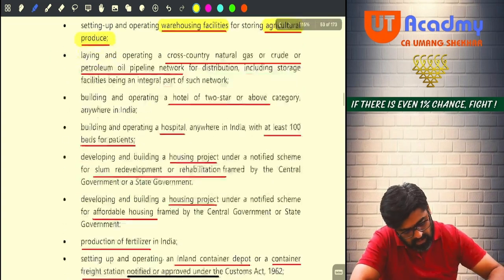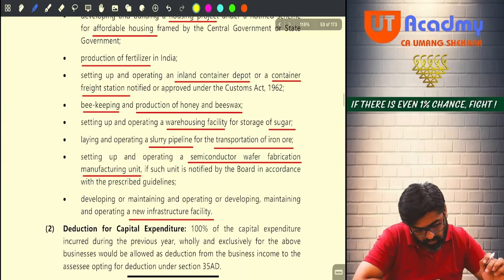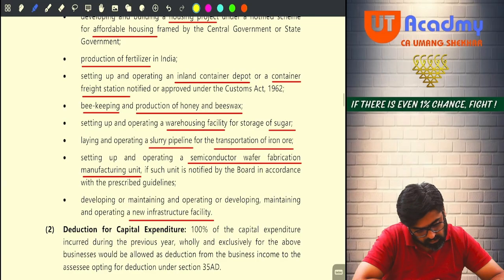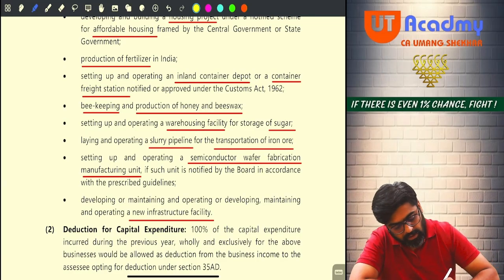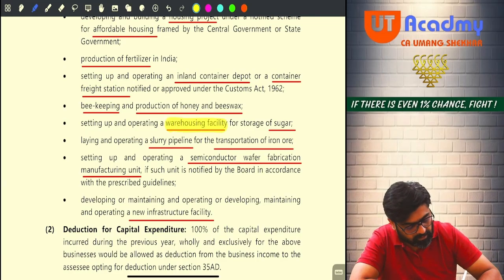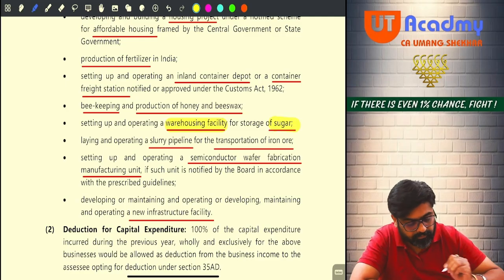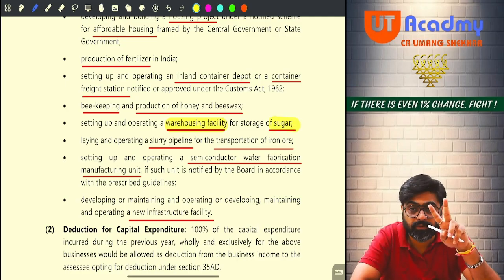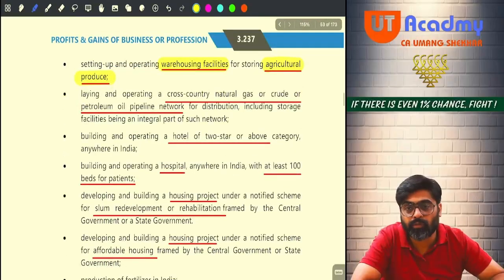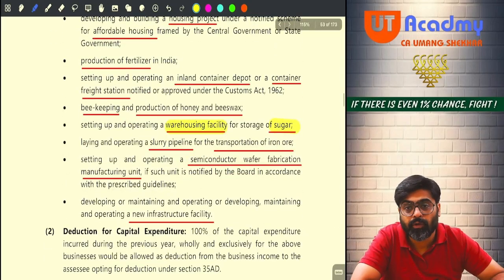And in the next point also, setting up and operating warehousing facility for storage of sugar. So two warehouse businesses. One, warehousing of agricultural produce. Second is warehousing of sugar.